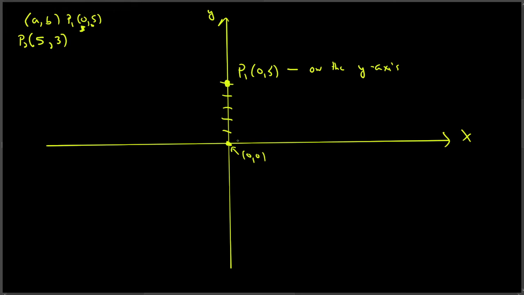So I move over 5 in my x, 1, 2, 3, 4, 5, and up 3 in my y. And so point 2 is 5, 3. And this is in quadrant 1 because it has a positive x and a positive y.